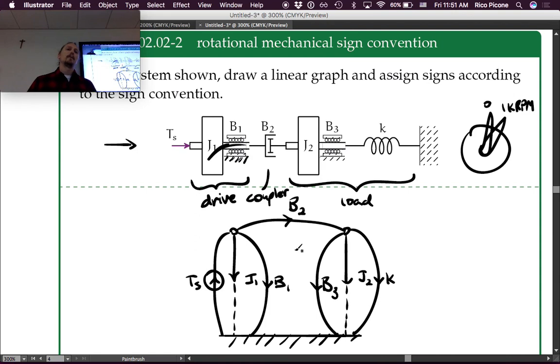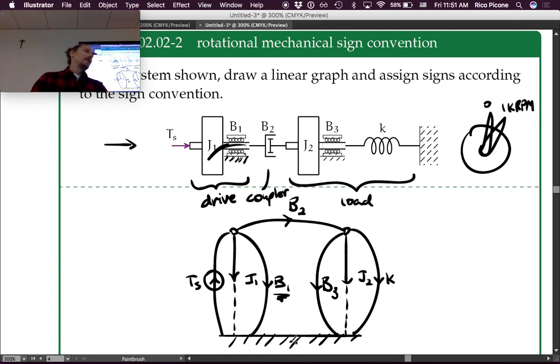So we often, when we model these, we'll put in just one, but in reality, in our design, we'll probably put in two. But in determining what B1 is, we have to take that into account, right? One bearing versus two bearings has an effect on the value of B1.